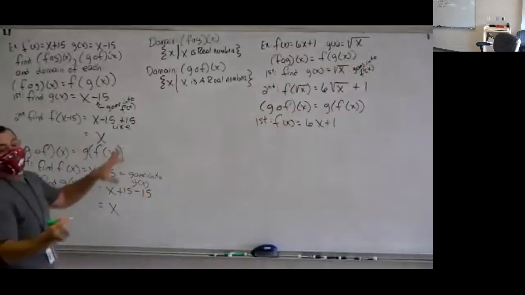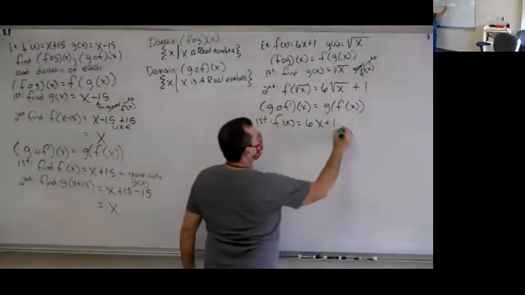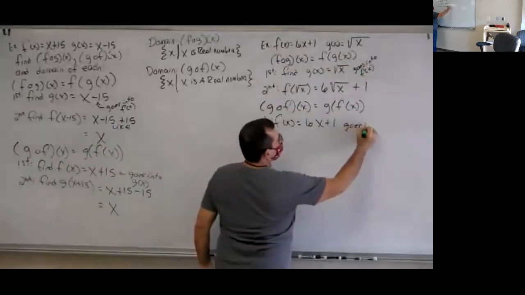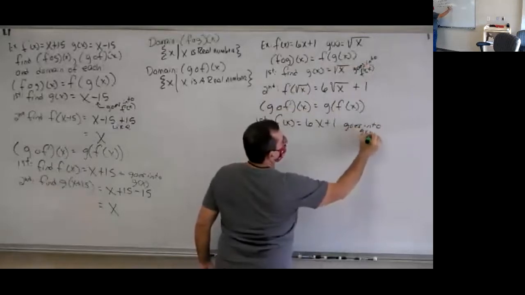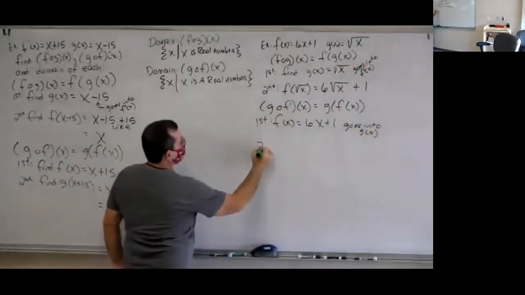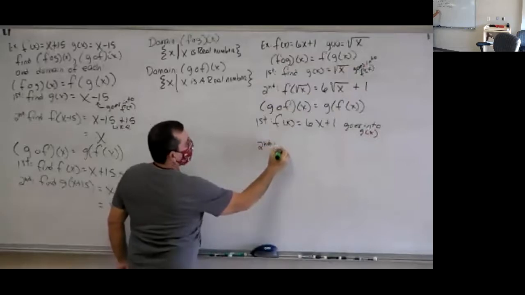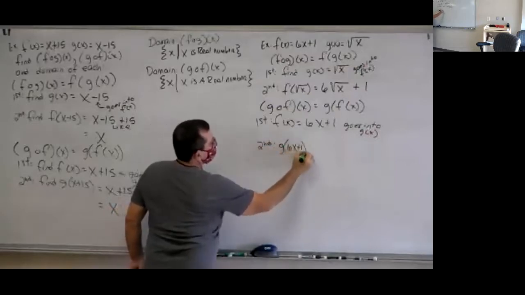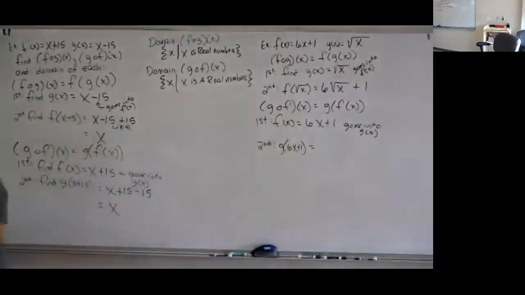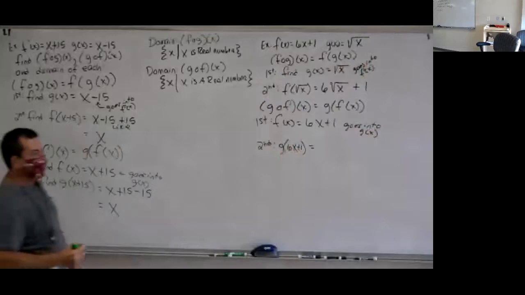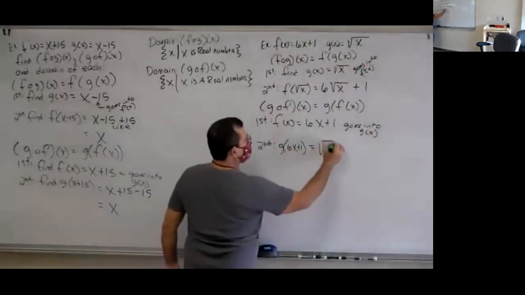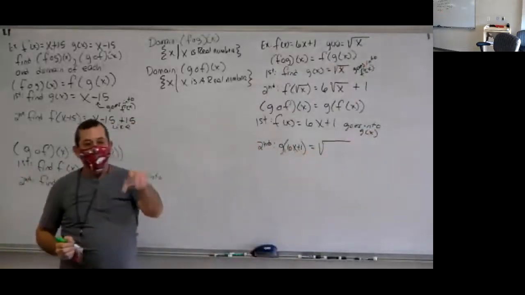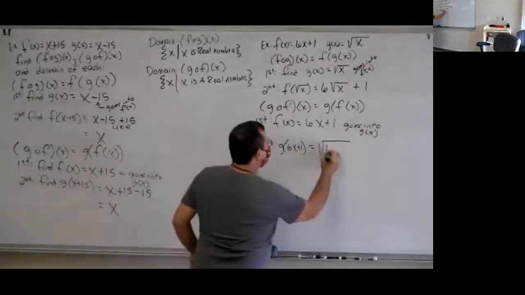No. So this whole thing now goes into my g of x. So I'm going to be finding g of a 6x plus 1. So g was the square root of x. So this is now going to be a square root of 6x plus 1. There you go.